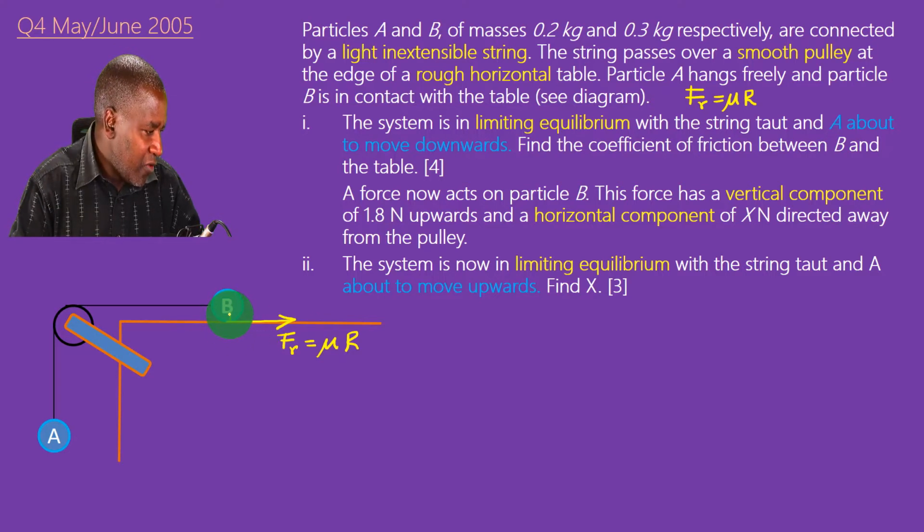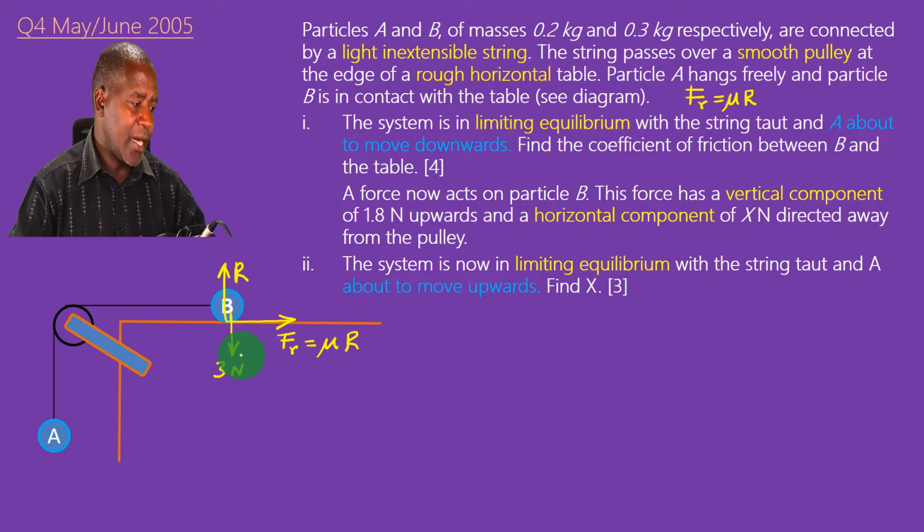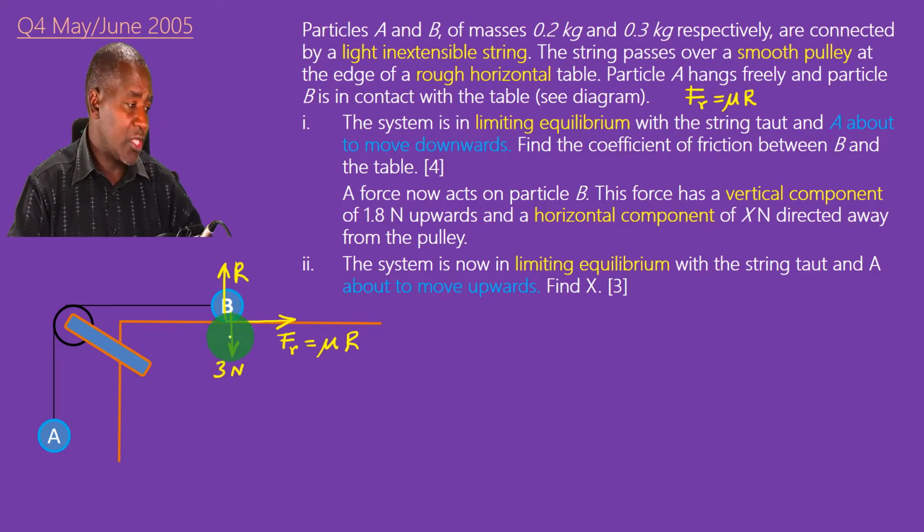Now the weight of B, since its mass was 0.3 kilograms, is 3 newtons. The value of R is like that, and as far as this situation is concerned, R is equal to 3 newtons.